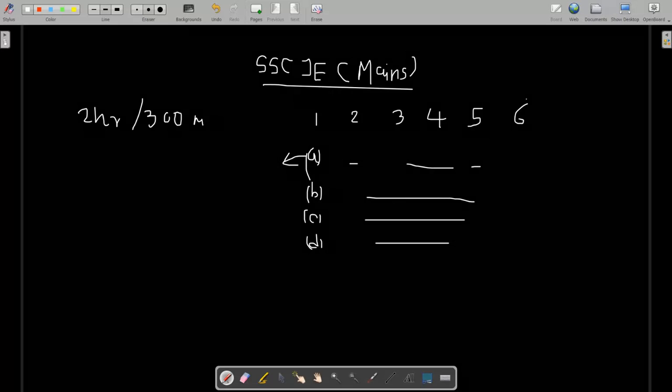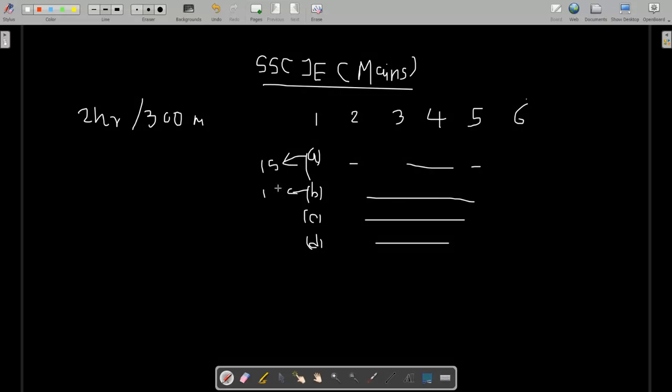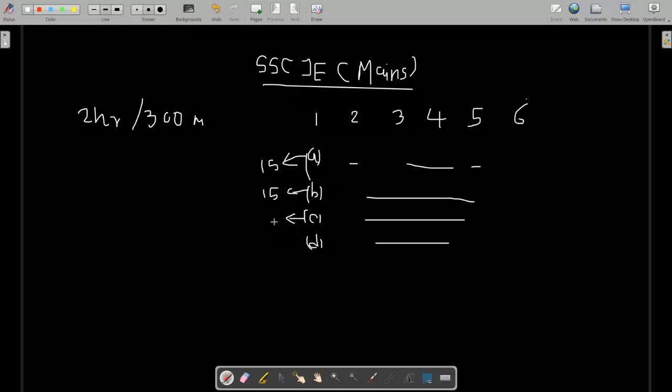Question 1a consists of 15 marks, b of 15 marks, c again 15 marks, and d also 15 marks. Now what to do is, from these 6 you have to attempt any 5, but make sure that whichever question you select, for example question 1, you have to attempt all of a, b, c, d.